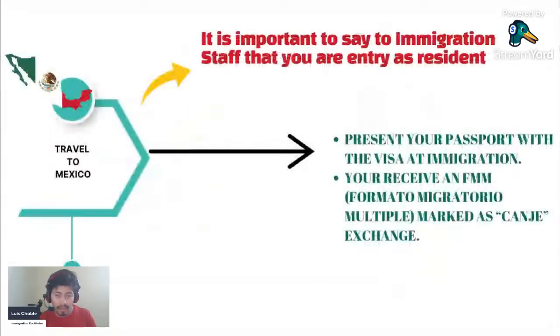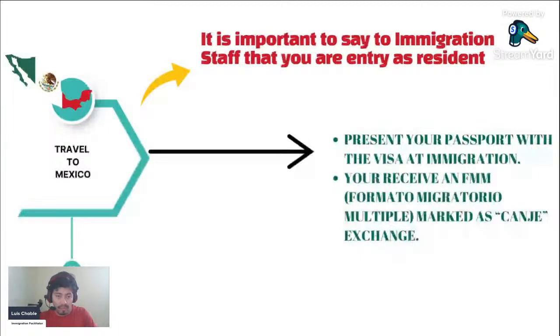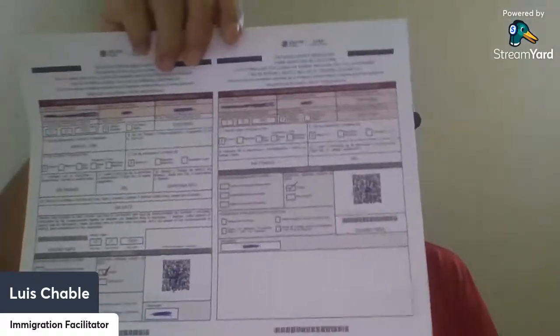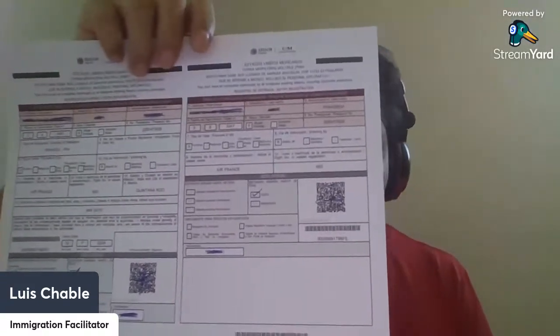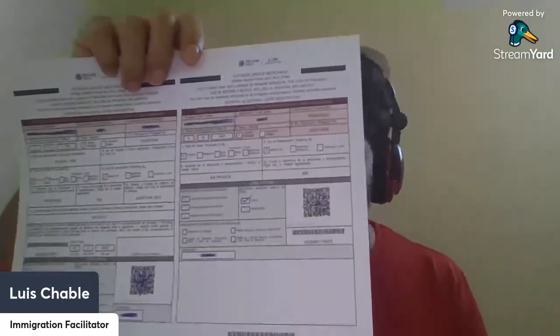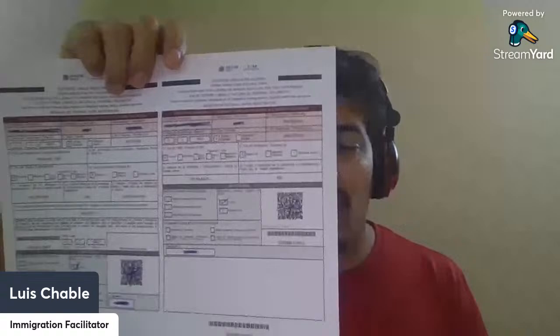Very well. Before finishing this step, you show your Mexican visa. I forgot something, this is important. The FMM is this one, guys. It's this form. You need to fill in this form, and you are able to do it on your phone.